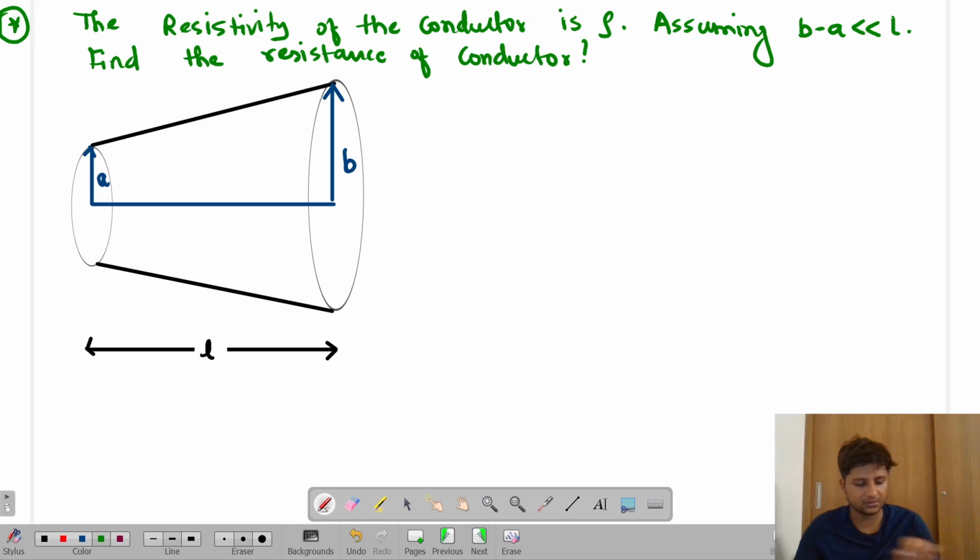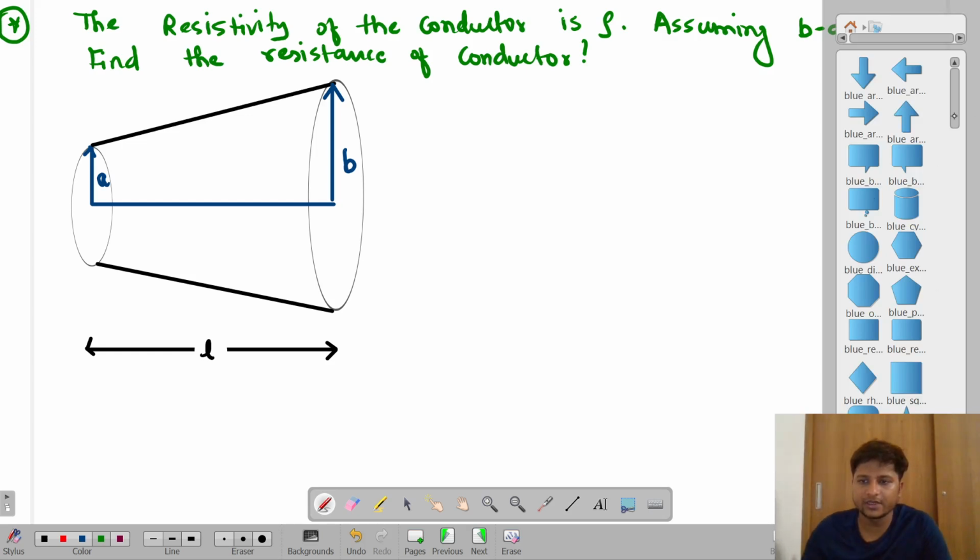Tell me how to do it. And it's a solid conductor, okay?